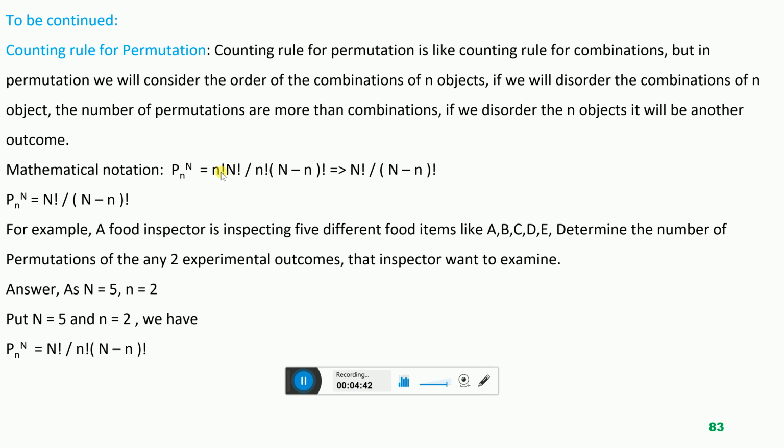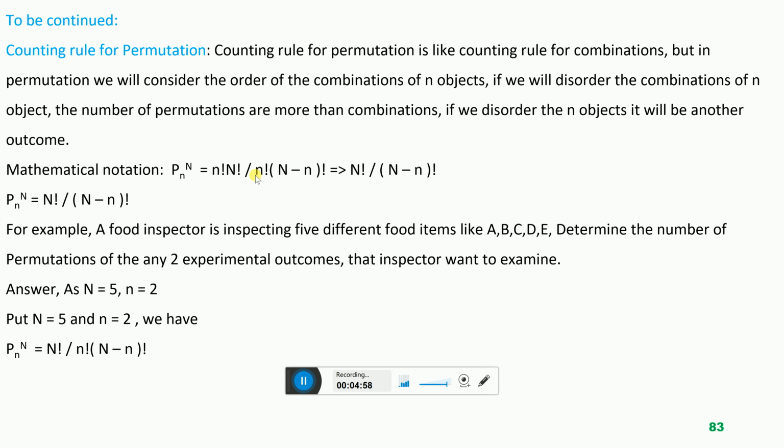So this is capital N factorial multiplied by capital N factorial, whole divided by small n factorial multiplied by capital N minus small n, whole factorial. This is the formulation for the permutation.